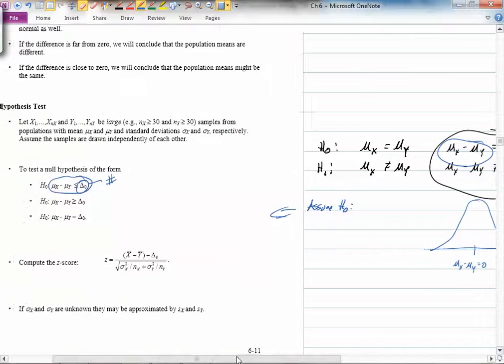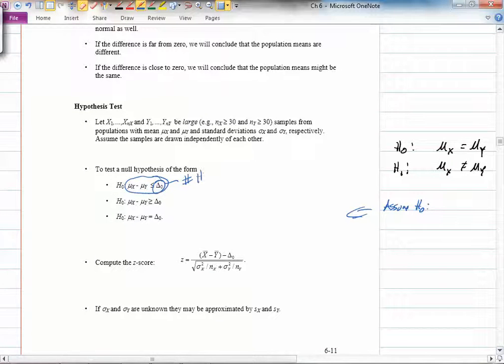So the general case, this is some hypothesized difference right here. The difference between x and y is less than the value of 2. But very often, almost always, that hypothesized difference is going to be 0.